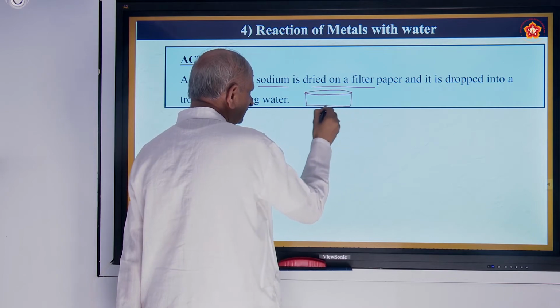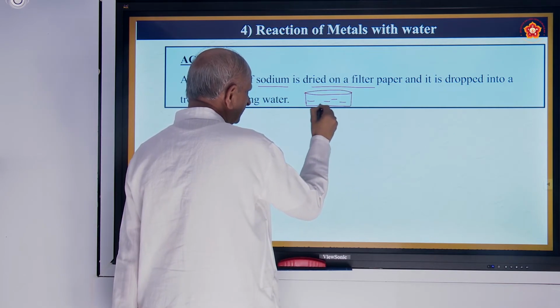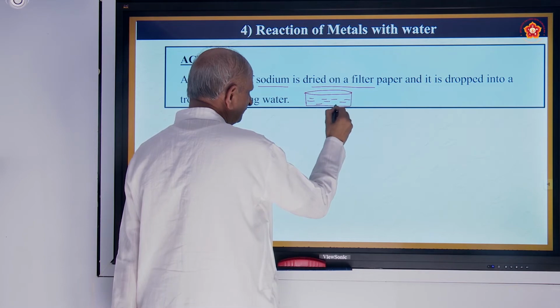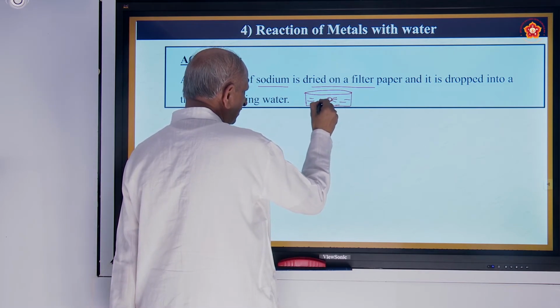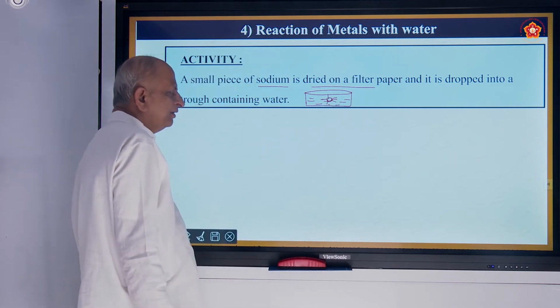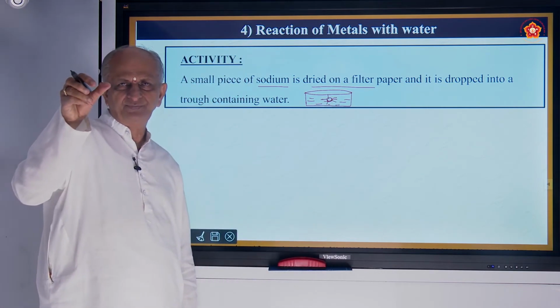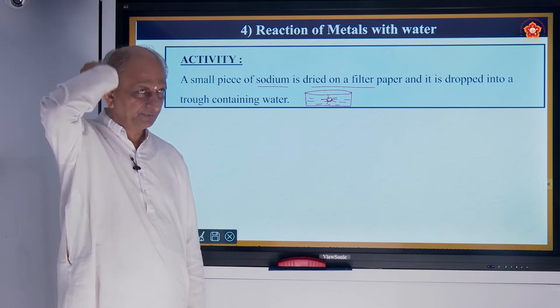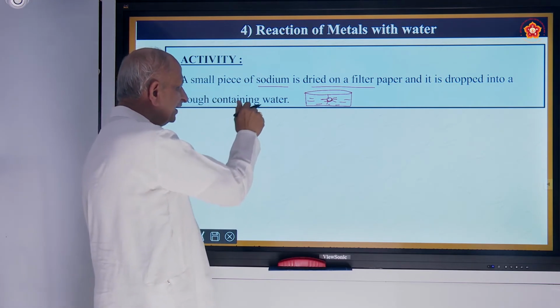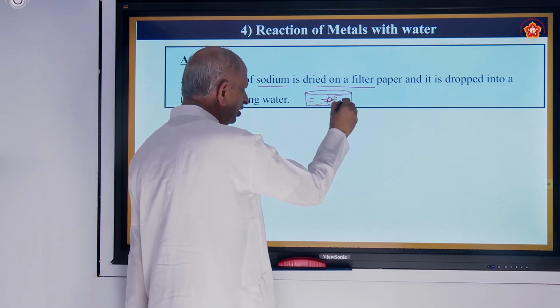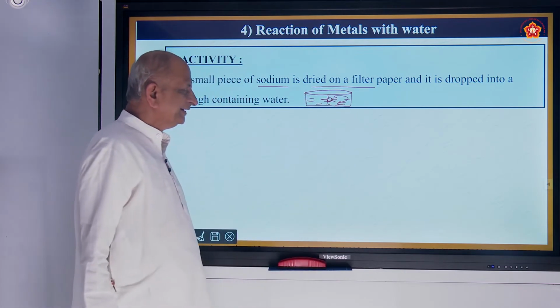In this cold water, a small piece of sodium is put using tongs or a spatula. It reacts vigorously, going all around with a hissing noise.